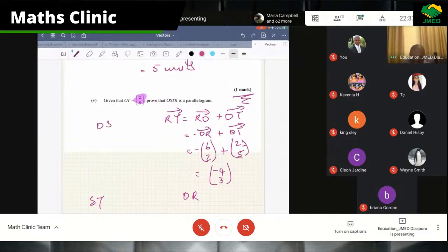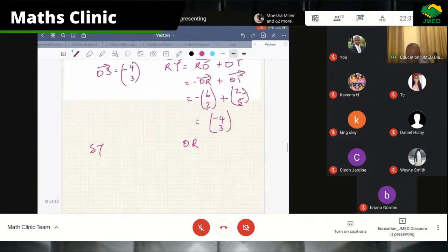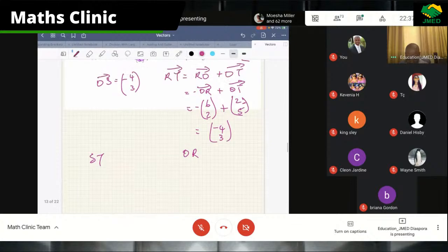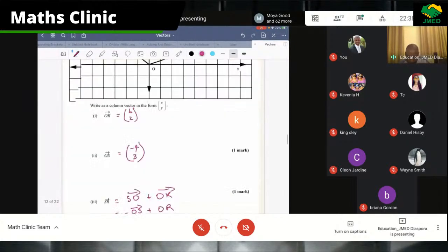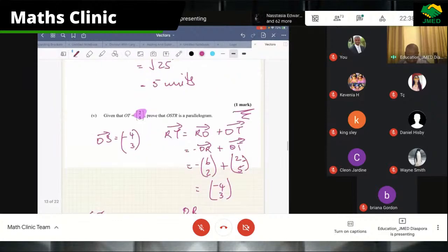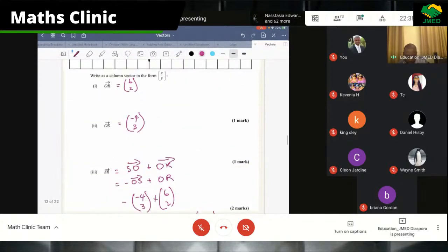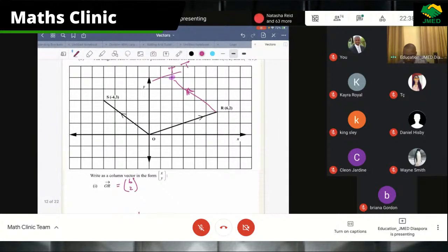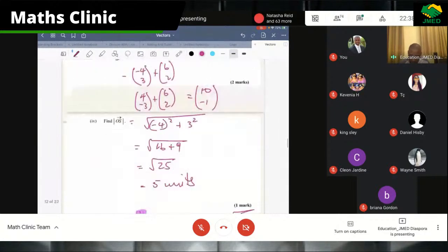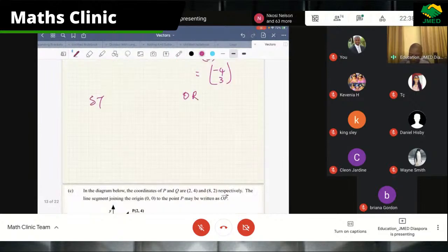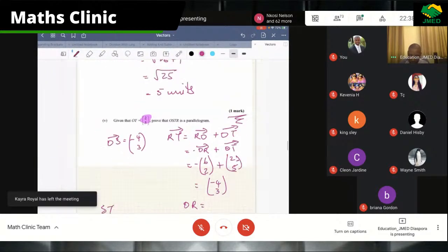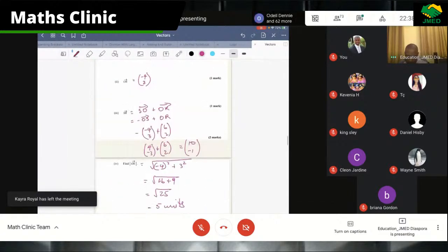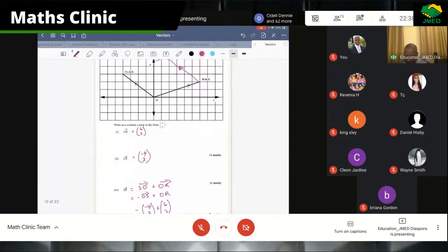So OS is equal to -4, 3. That's fine. That would make it the way we are thinking about it. And then I want to find ST and OR. OR was given as 6.2, right?